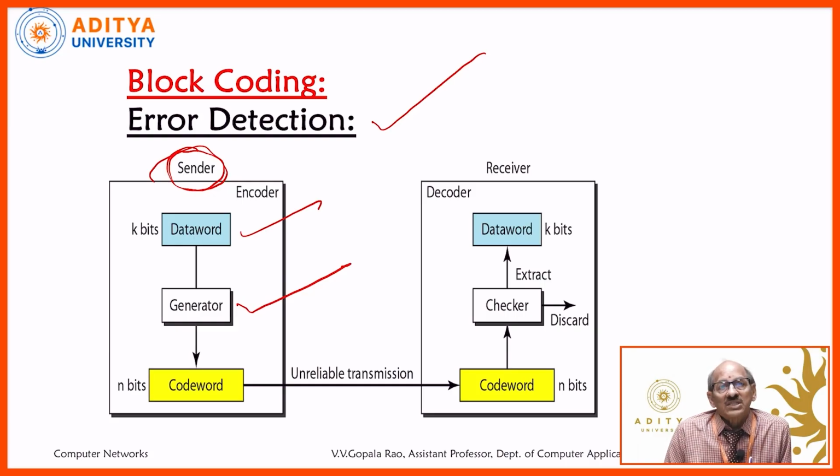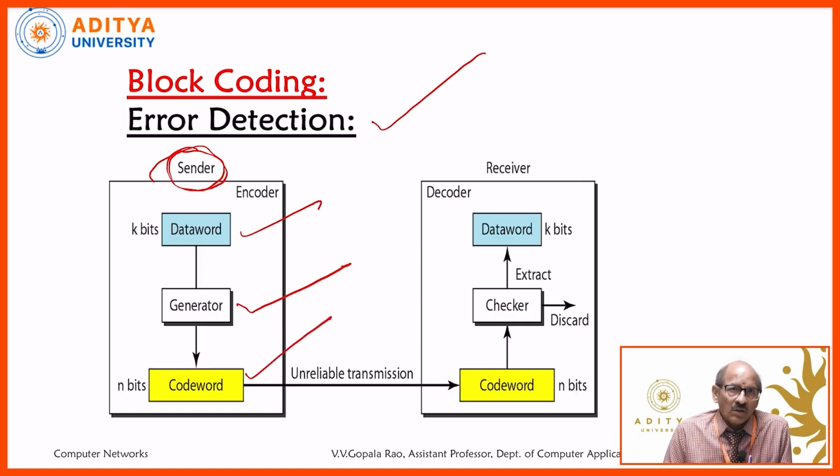The generator operates by its designated procedure, and based on that it generates a certain number of bits which are added to the data word. Combined, the data bits plus the redundant bits form a new word, and that word is called a code word.